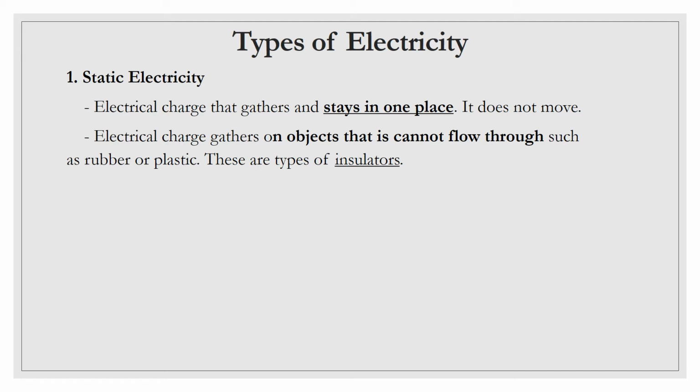With a trolley, if you touch a shopping trolley, that happens because of the rubber wheels on the bottom of the trolley. They don't allow the electricity to flow through them, so electricity gathers all over the trolley. And the reason that it happens on a car door is again due to the rubber wheels of the car. The electricity has no place to go, so it gathers all around the car.